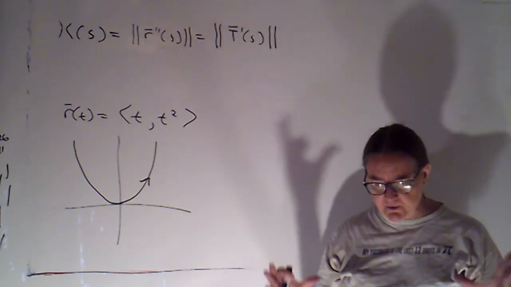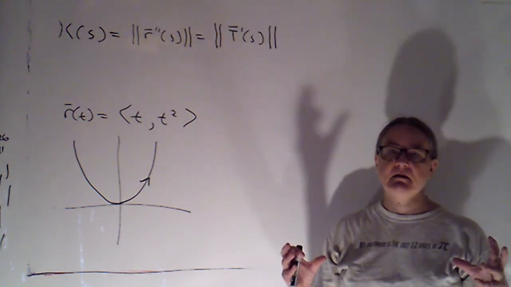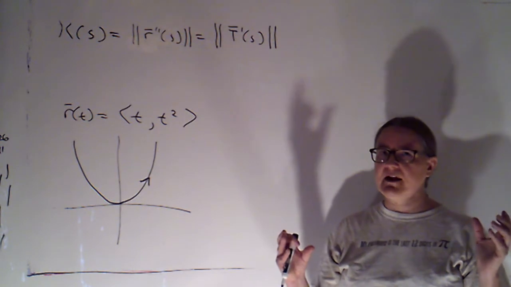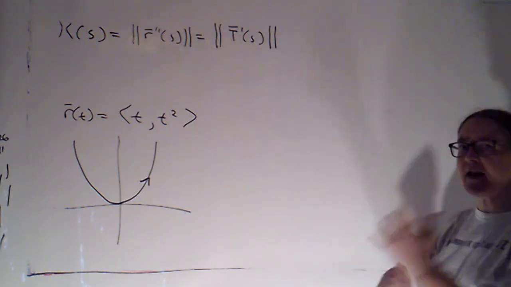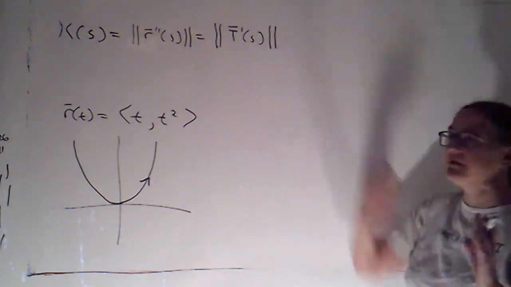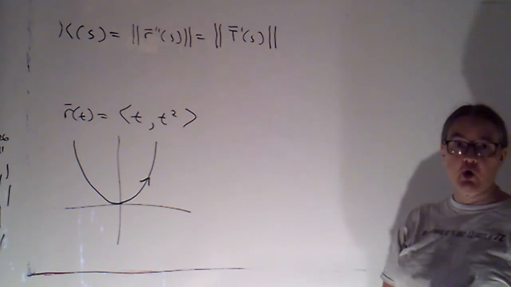So conceptually, the notion of an arc length parametrization is very elegant. It's almost never elegant to actually work with it. So it's one of those things where it's great to know that it exists, it helps us in defining things, but it's very cumbersome to work with.